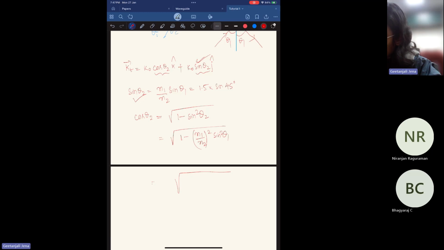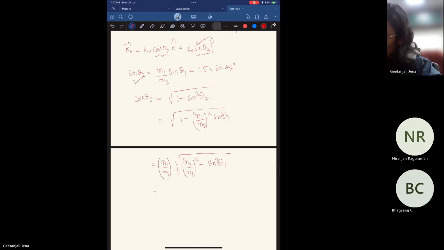So if you factor out the n1 by n2, it will be n2 by n1 square minus sine square theta 1, n1 by n2, and n2 by n1 square is sine square theta c, right? And this is sine square theta 1.